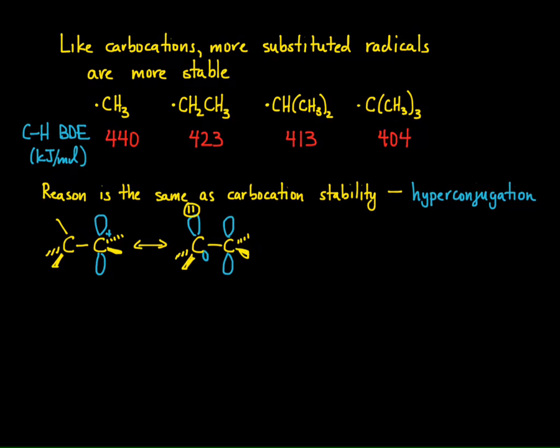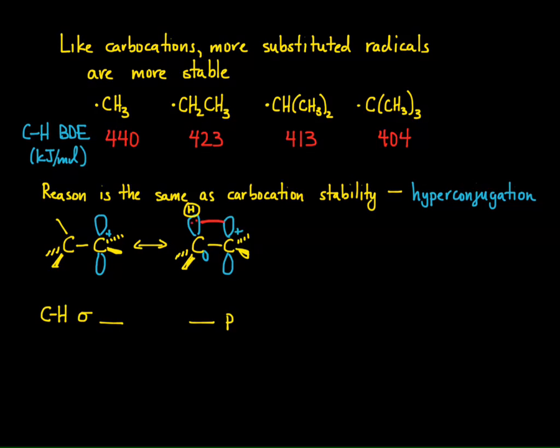And so I'm simply going to highlight, if this was a carbon-hydrogen bond, that bond, if it's in the same plane as the p orbital, it can overlap with that p orbital, right? And in the case of carbocations, we see obviously that carbon-hydrogen bond has 2 electrons. The carbocation has an empty p orbital, and we get this overlap that's occurring. So we get what we call slight sigma donation into that p orbital.